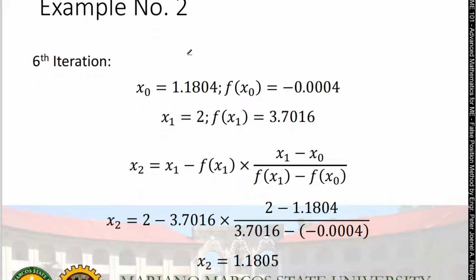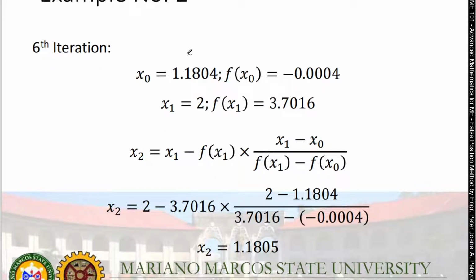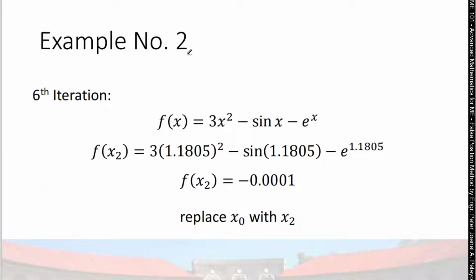Sixth iteration. x0 is 1.1804, x1 is 2. x2 is 2 minus 3.7016 times 2 minus 1.1804, all over 3.7016 minus the quantity negative 0.0004. So, x2 is 1.1805. Then we substitute it into 3x squared minus sin x minus e raised to x to get f(x2), negative 0.0001.